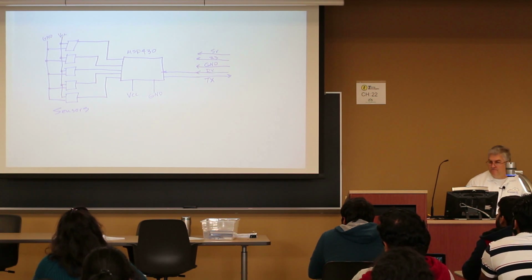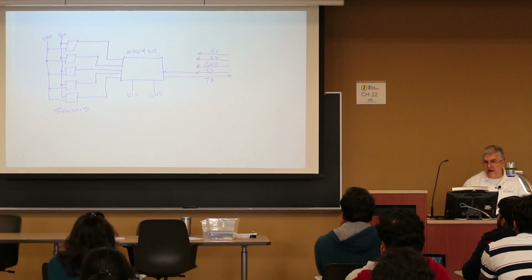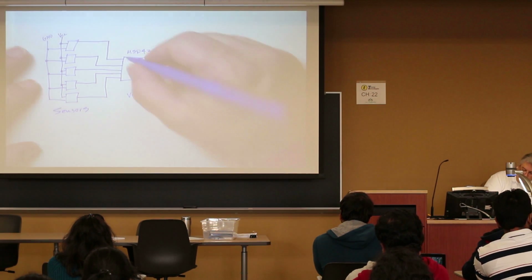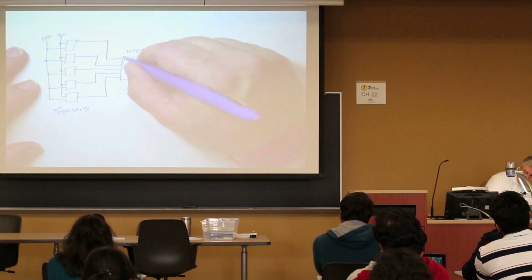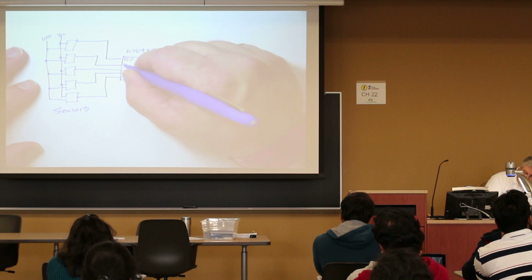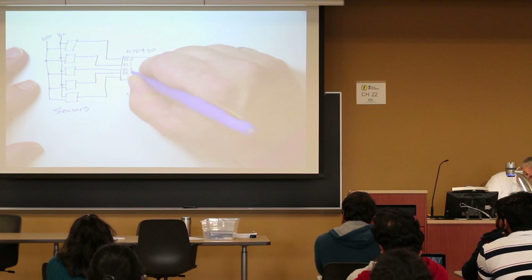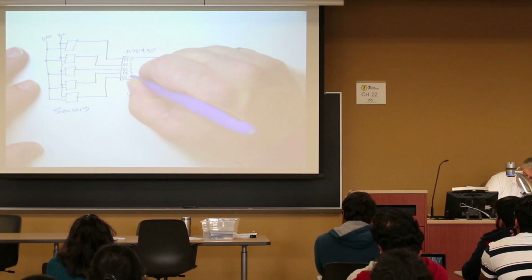All right, there we go. There's my hardware block diagram. But I do need to add some other things. So just for grins, I'll just call this P2.0, P2.1, P2.2, P2.3, P2.4.